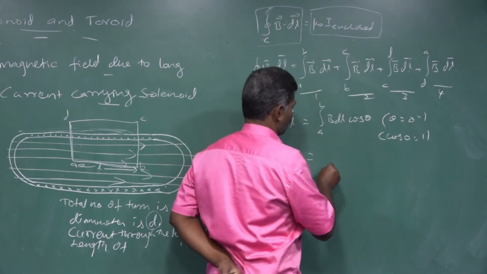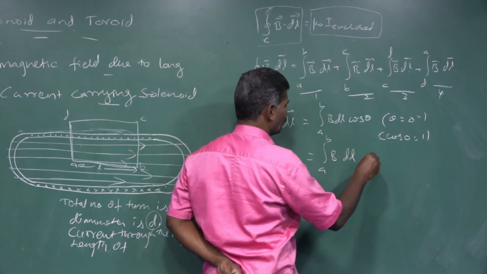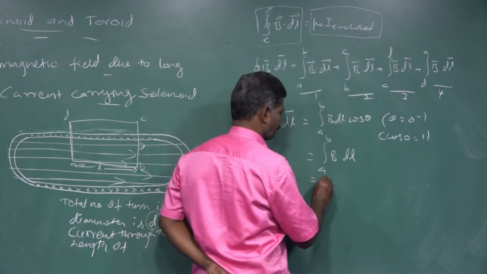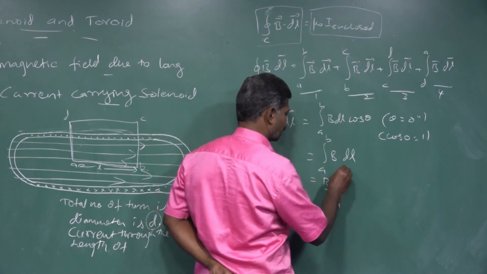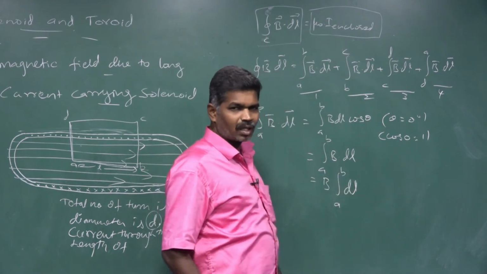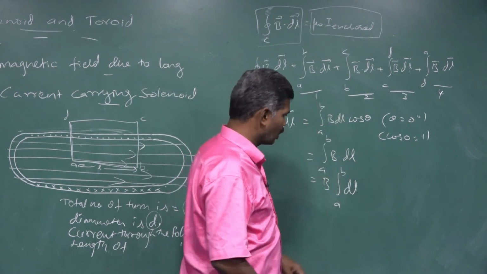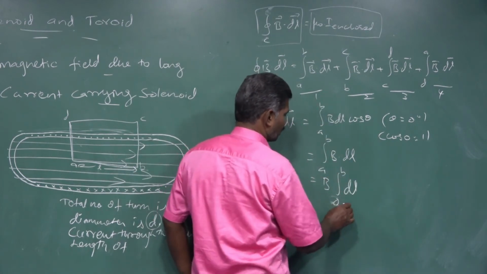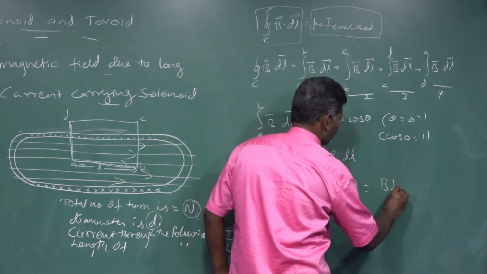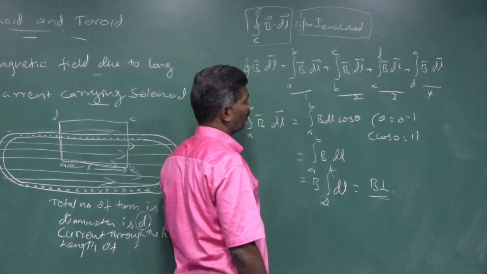So the integral from A to B becomes B into dl alone. B is a constant, so it can be taken out: B times the integral from A to B of dl. This dl can be taken as any value up to its length. Suppose I take it from 0 to L, then we get BL alone. The first integration value is BL.